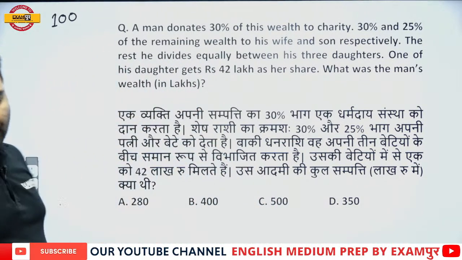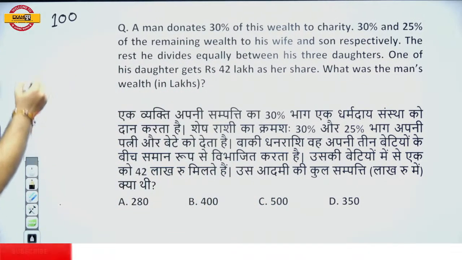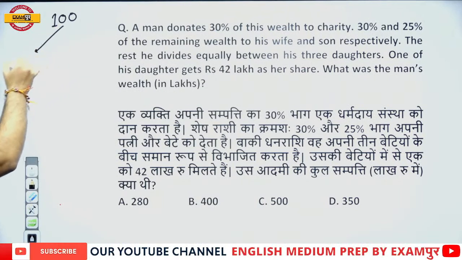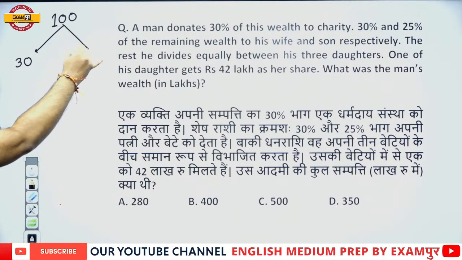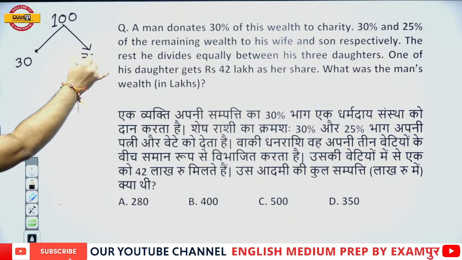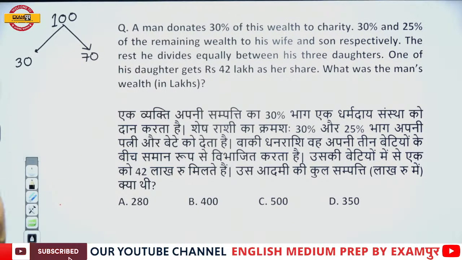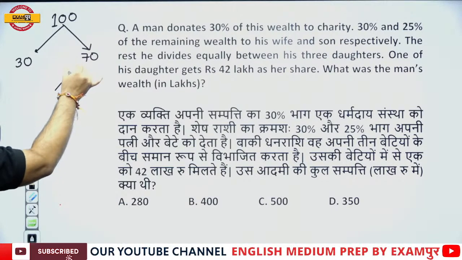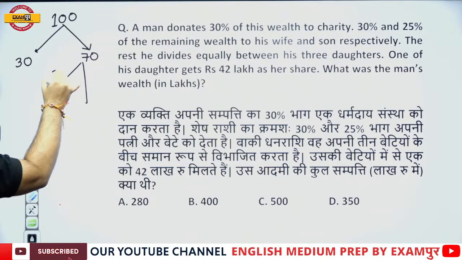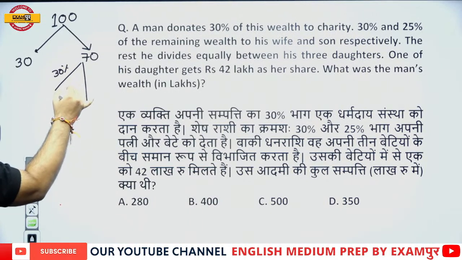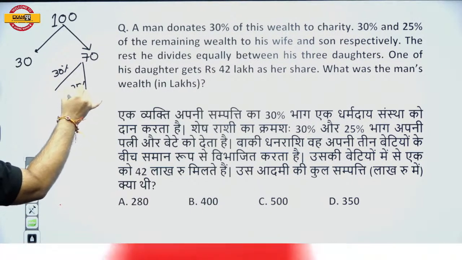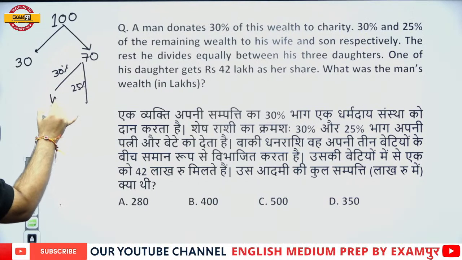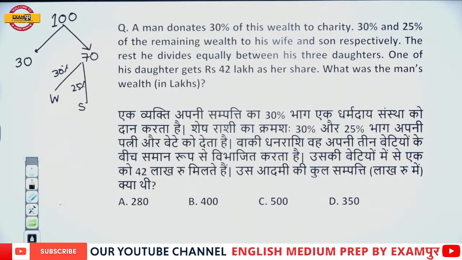Let the total wealth of the man be 100. He donates 30% of his wealth to charity. How much is remaining? 70 is remaining. 30% and 25% of the remaining go to the wife and son respectively.